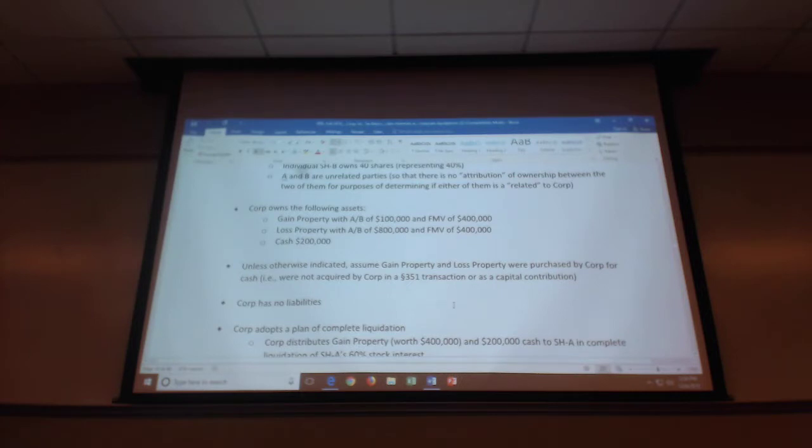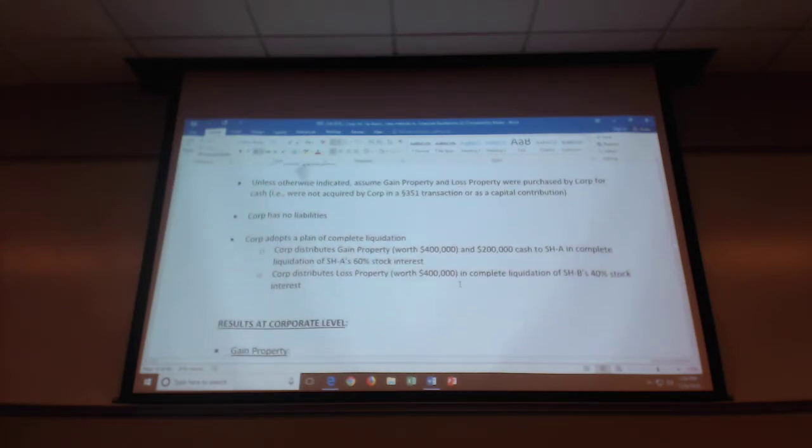And we're assuming that the assets were purchased by the corporation and not acquired in a 351 transaction. And we have, as in the prior example, a non-pro rata distribution, except here, instead of having the loss property go to shareholder A, who was a 60% shareholder, it goes to shareholder B, who's a 40% shareholder and therefore unrelated.